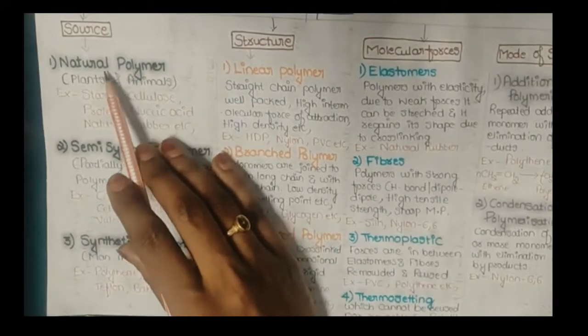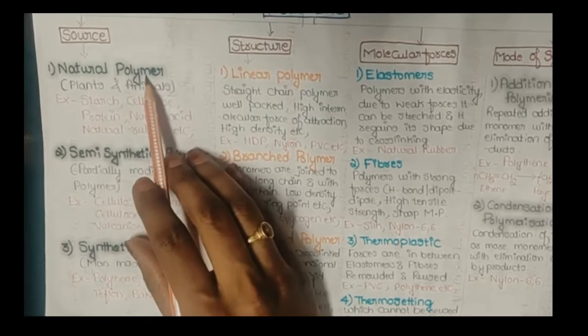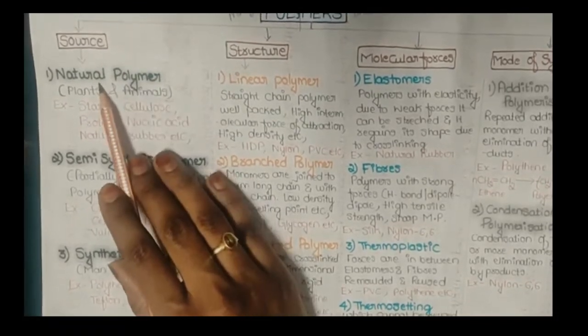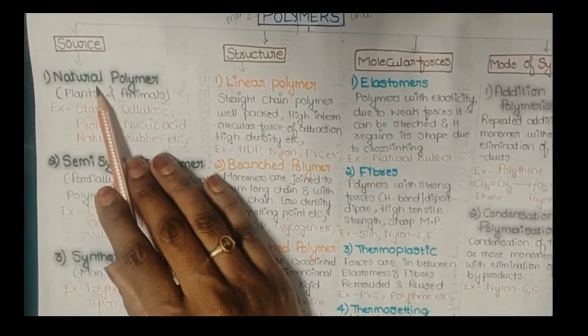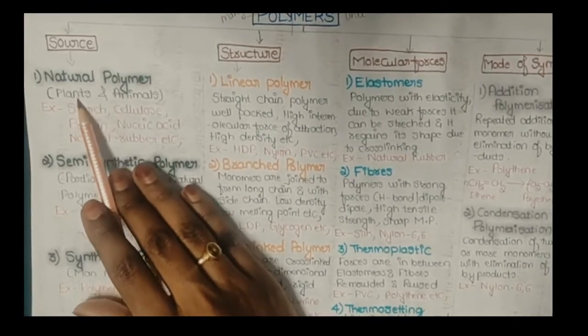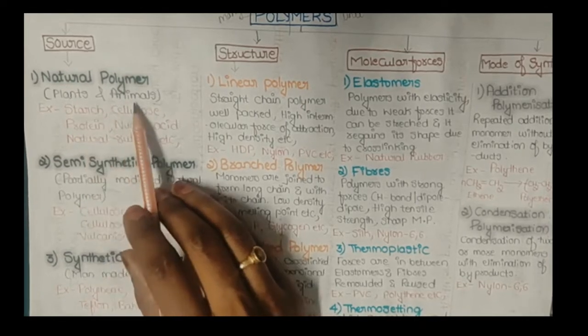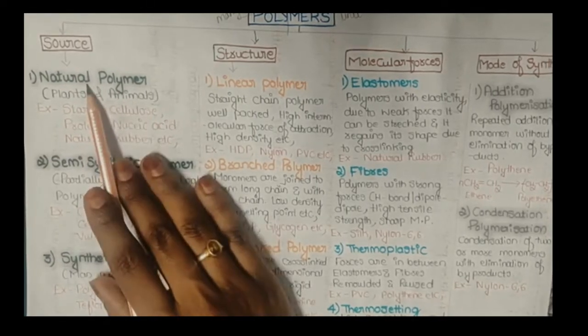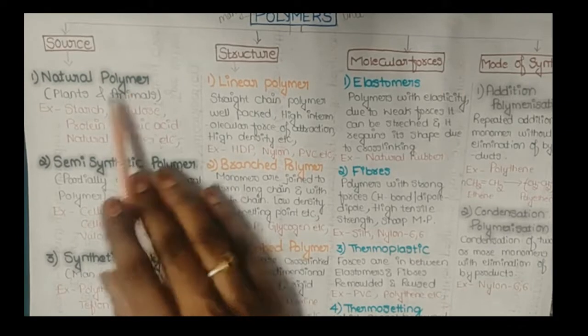The word itself is telling: natural polymer is something which is available in nature, or to be more specific, the polymers which are obtained from plants and animals can be called natural polymers.